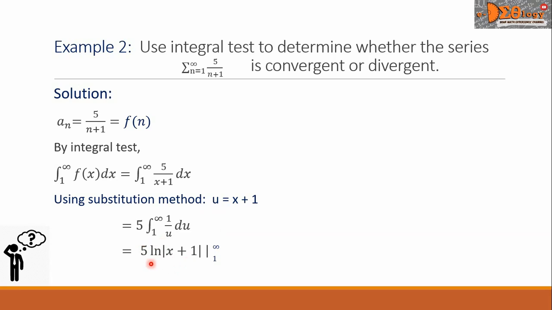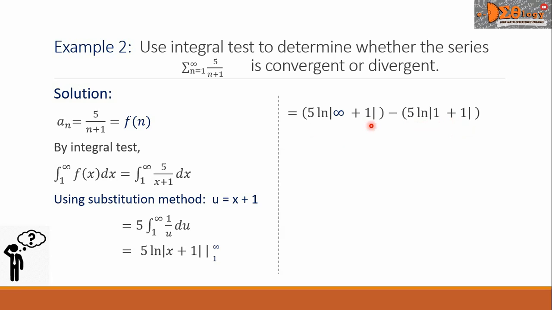Then let us evaluate this with respect to 1 up to infinity. So the first group will be 5 times ln of the absolute value of infinity plus 1, minus the second group, 5 times ln of the absolute value of 1 plus 1.